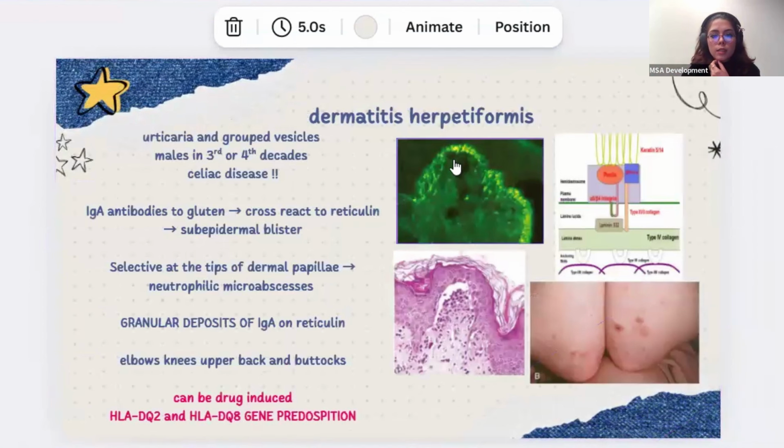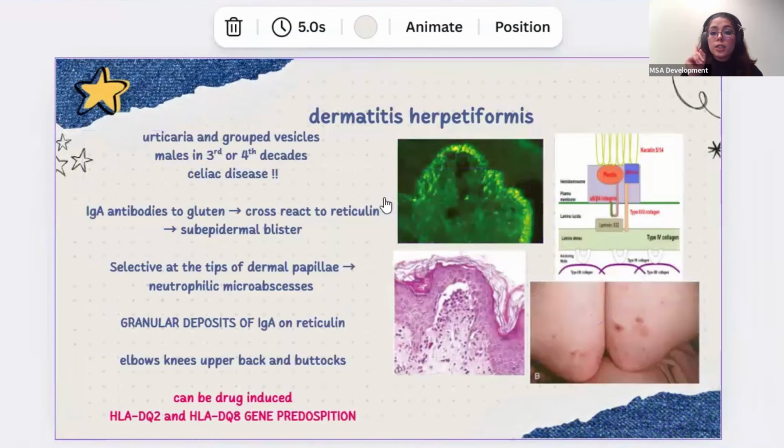Now, dermatitis herpetiformis. This is IgA, linear or granular deposition of IgA. The clinical scenario they're most likely to give is a patient with celiac disease, or a patient who just had a big thing of pasta or bread and developed these lesions or blisters on their arm or forearm, for example.